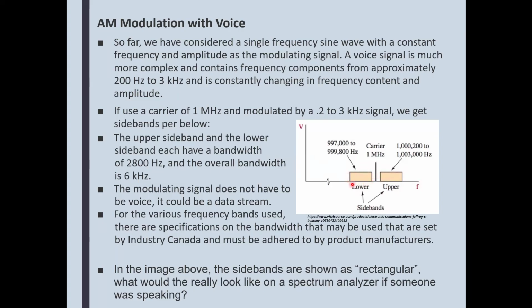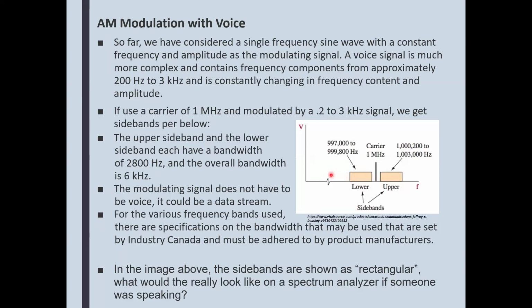Okay. So that's why we call those sidebands. Lower sideband. Oh, it even says that here. Lower sideband, upper sideband. And between the far end of the lower sideband and the far end of the higher sideband, here we have the whole bandwidth. Then we could fit the intelligence.